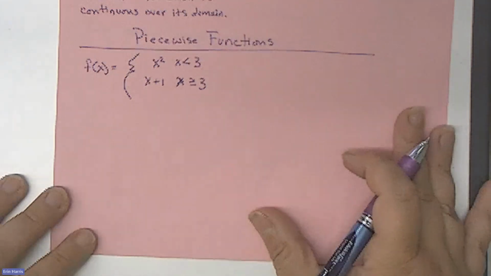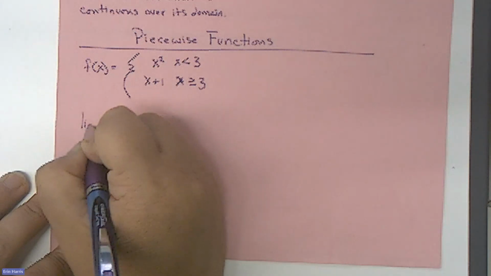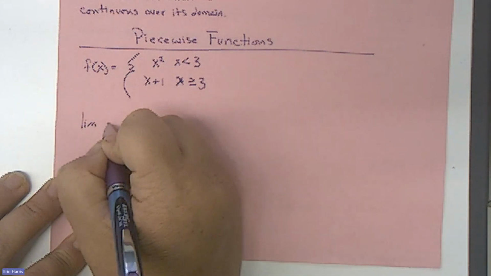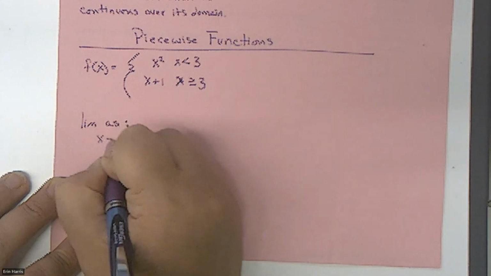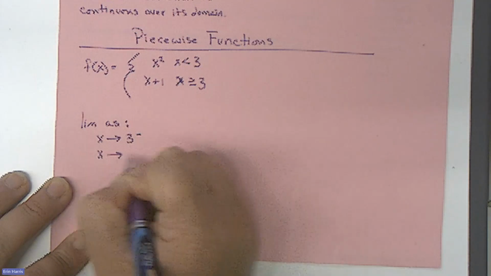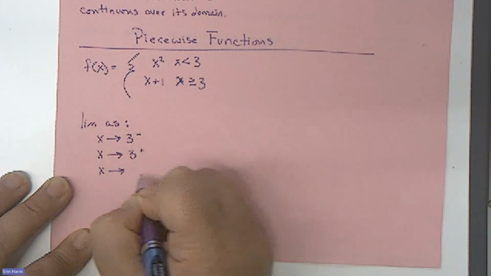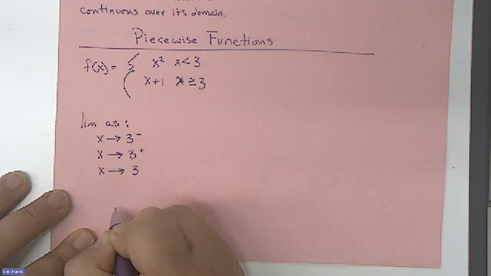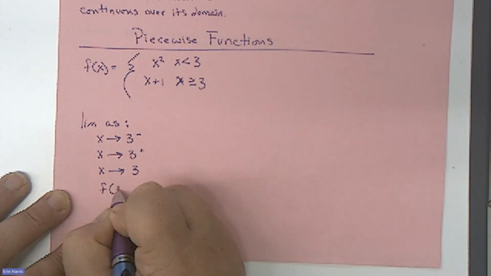And then what we're going to look at, though, is some different limits. So we're going to take a look at the limit as x approaches 3 from the left, x approaches 3 from the right, x approaches 3. We'll look for f of 3.